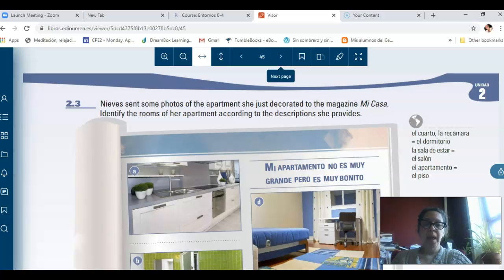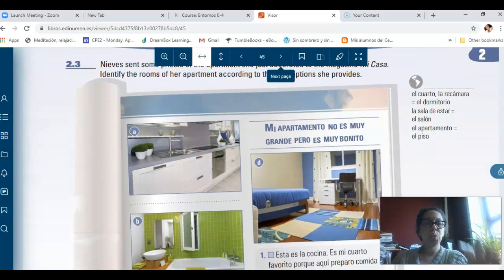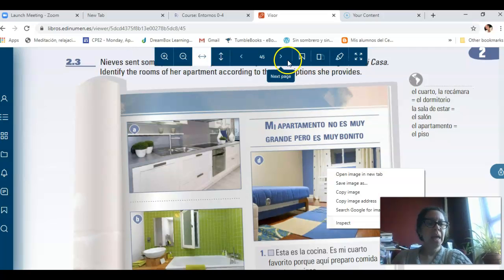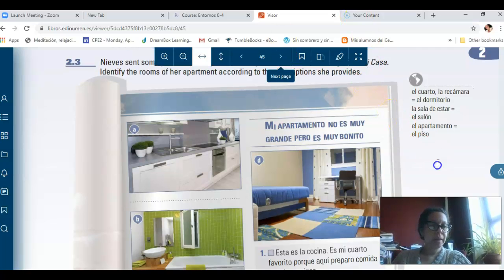Here, we're paying attention to la casa, mi casa. See? Over here in this section, we know more vocabulary. El cuarto, la recámara equals to el dormitorio. El dormitorio o el cuarto are synonyms. Okay? La sala de estar equals to el salón.